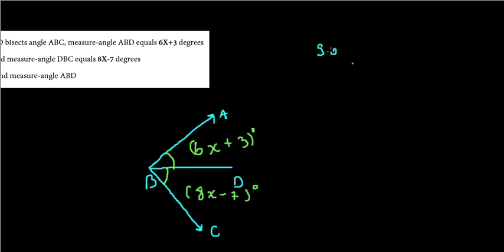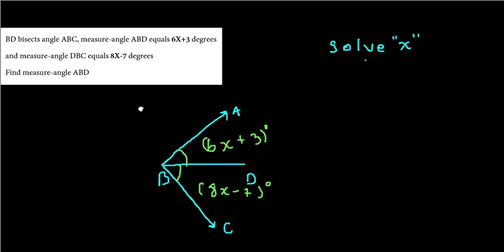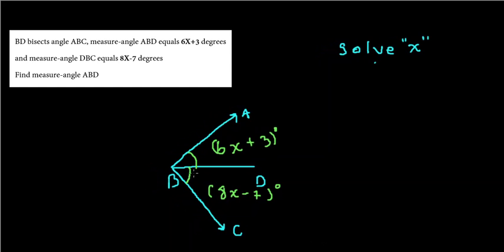And the second part is to know how to solve for x. So bisecting angles, I told you before that these angles are equal to each other. So that means the measure angles are also equal to each other. When we set these equal to each other, we should be able to solve for x.